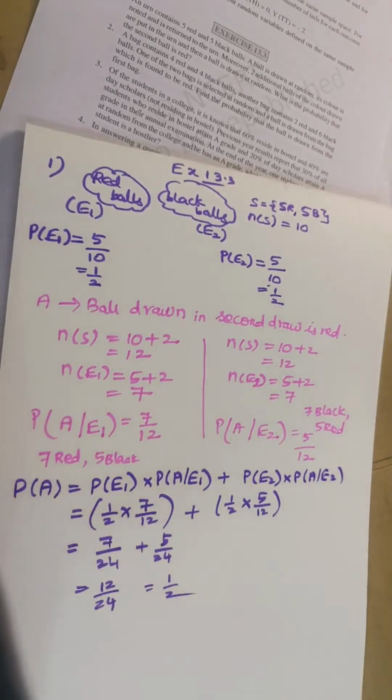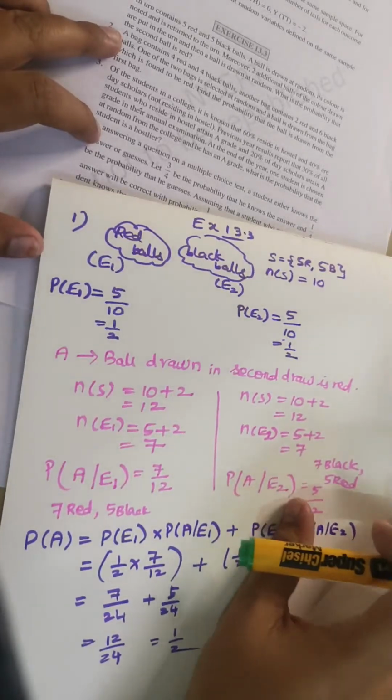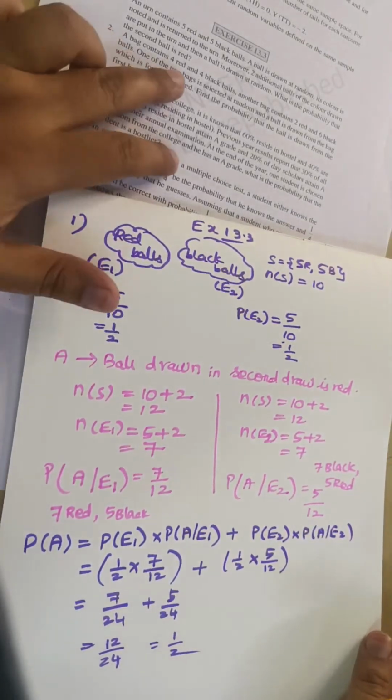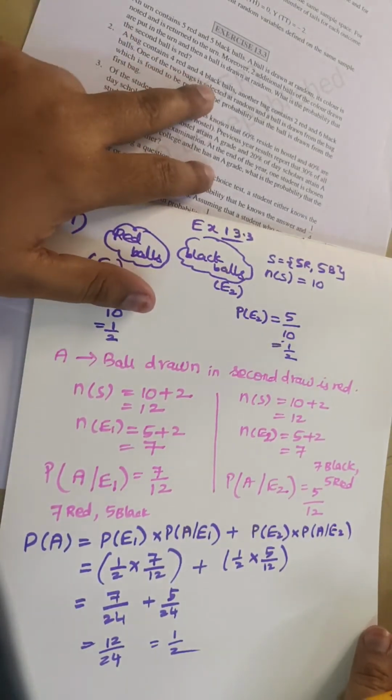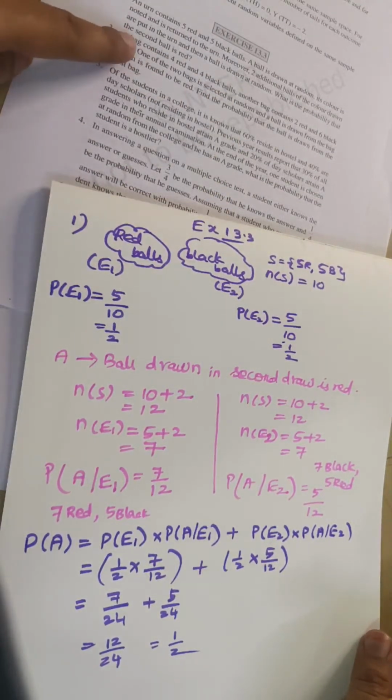Second question. A bag contains 4 red balls and 4 black balls. Here we have only one urn. Here we have 2 bags, that is bag 1 and bag 2.